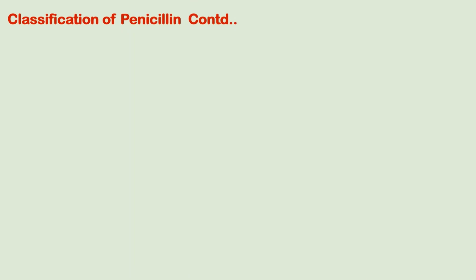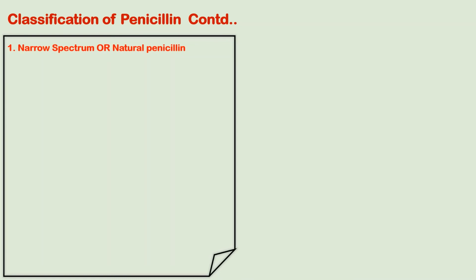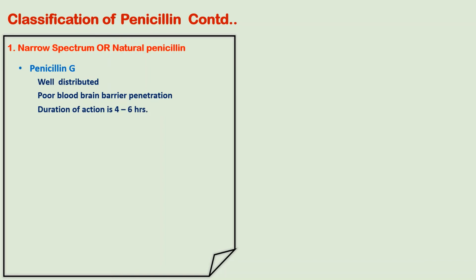Now, looking back at the classification of penicillins, the first narrow spectrum antibiotic is penicillin G. It is well distributed in the body but has poor penetration to the blood-brain barrier. The duration of action is about 4 to 6 hours.